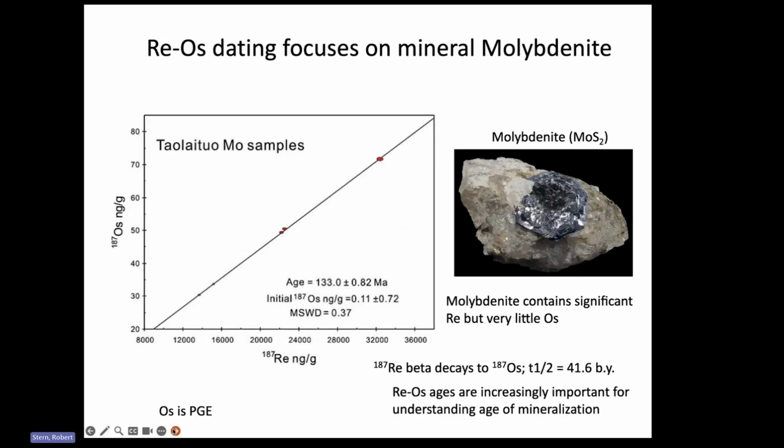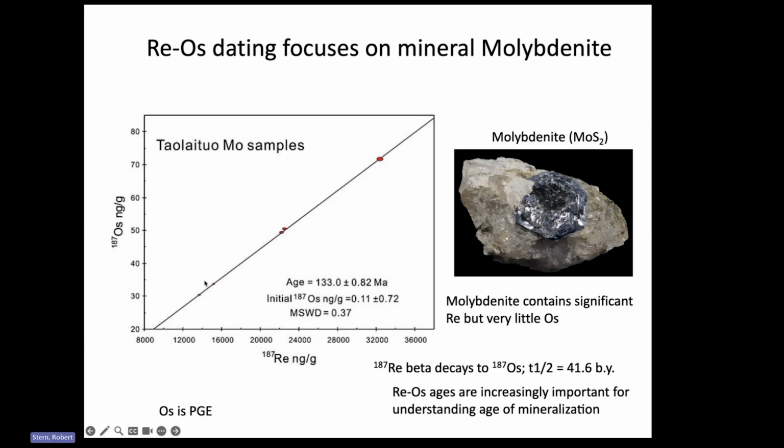Now, one of the interesting tools that's come out in the last few decades is rhenium-osmium dating in molybdenite. And this is an example of serendipity, which was as the laboratory folks started understanding how to do osmium isotopes, they started looking around for minerals that had favorable ratios of rhenium to osmium.